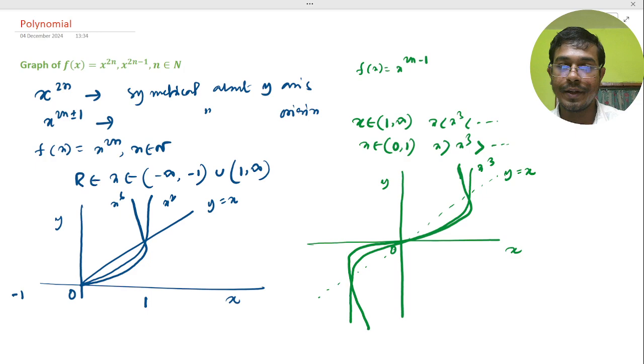Just follow the bending. This one is x to the power 5, and so on, we plot x to the power 2n minus 1.